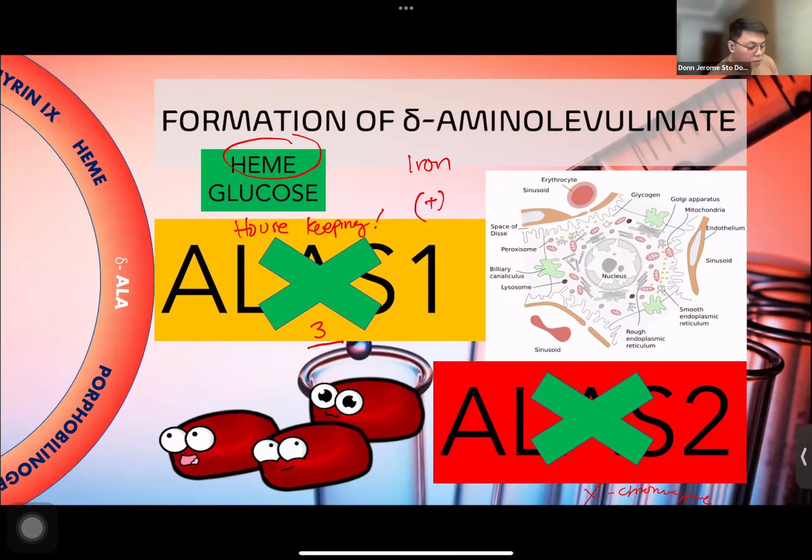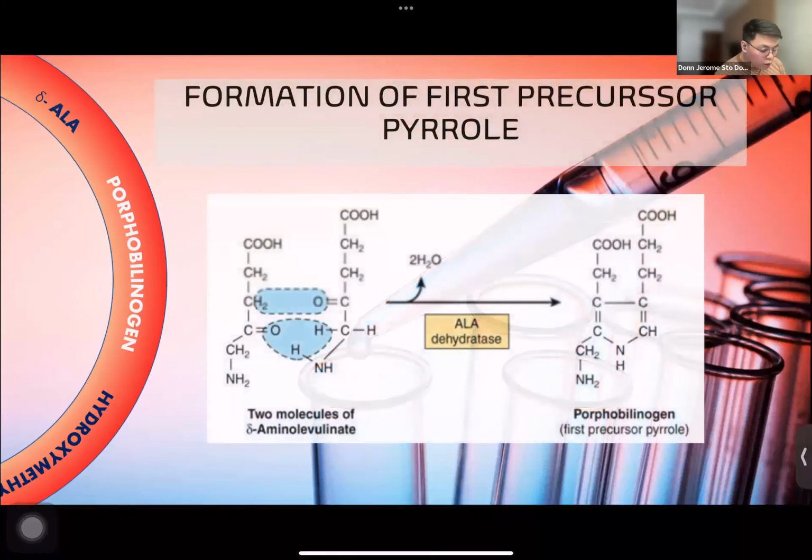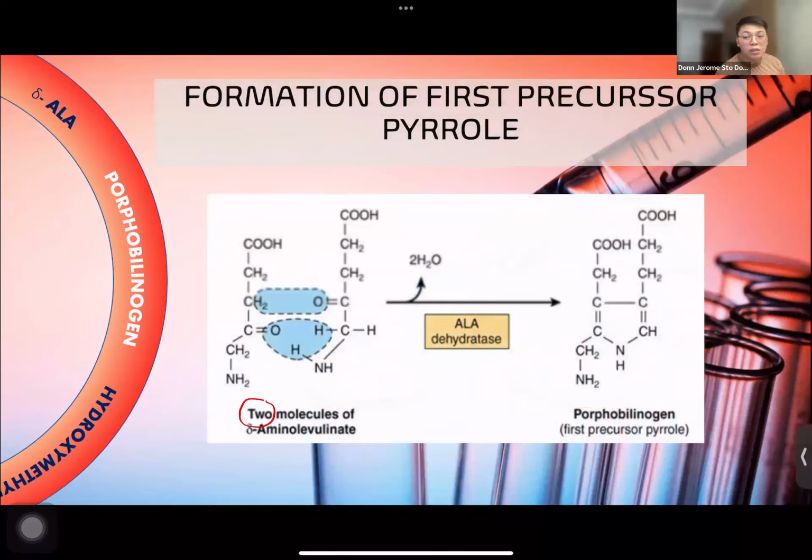Okay. Next, 2 molecules of ALA would go outside to the cytoplasm. Sabi natin, di ba, yung first step lang sa mitochondria, the intervening steps are in the cytoplasm. So 2 molecules of ALA would condense to the first precursor pyrrole, your porphobilinogen.